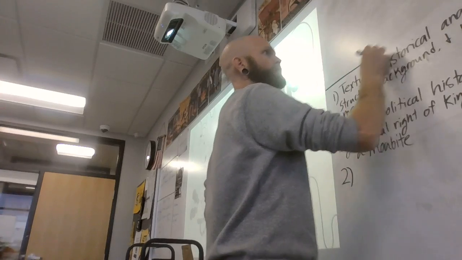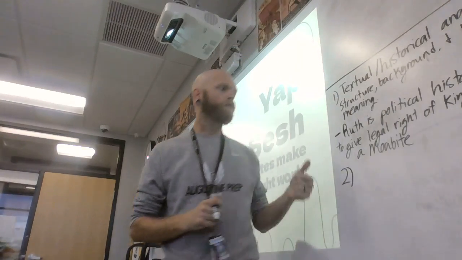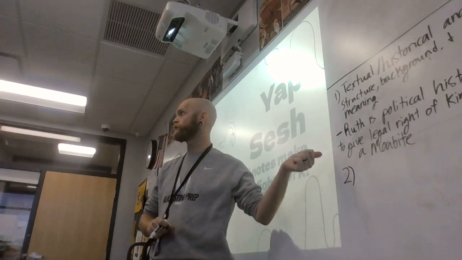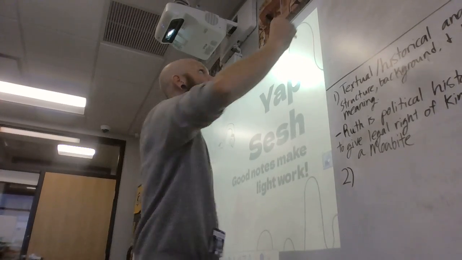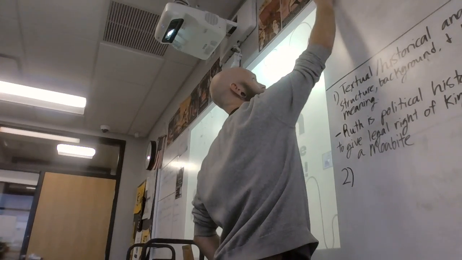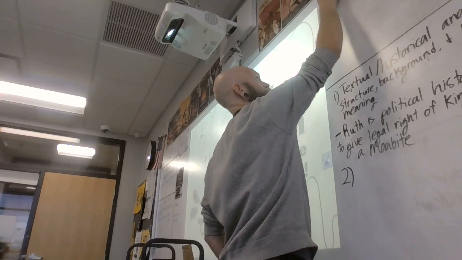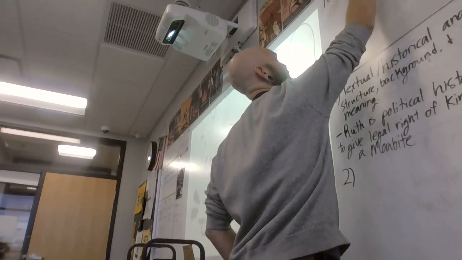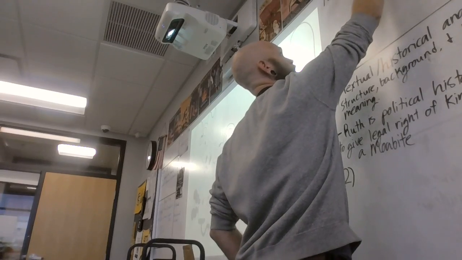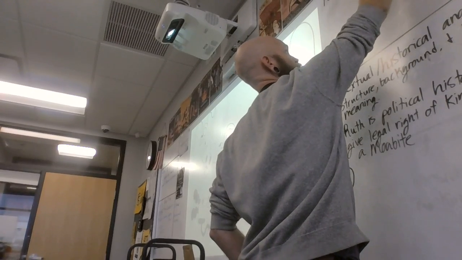Here's what we need to do. I'm going to keep explaining this. I want to explain how it is that Ruth is a political text, why we assume this. But we have to know this concept. It's called the kinsman redeemer. A student taught me this term this morning.